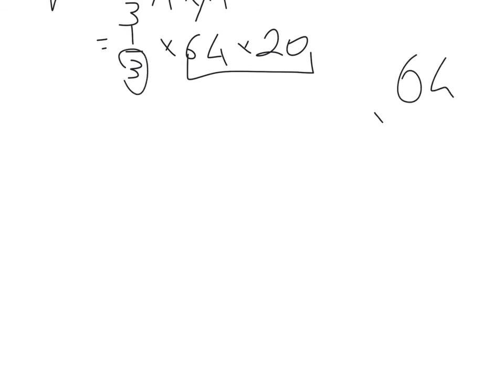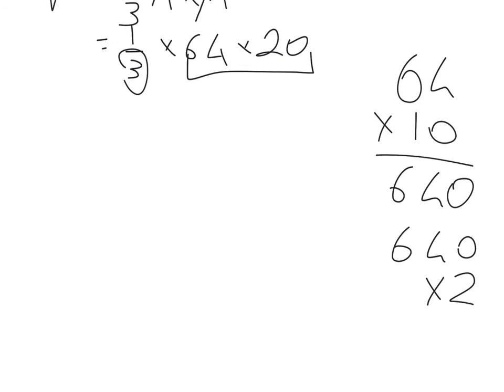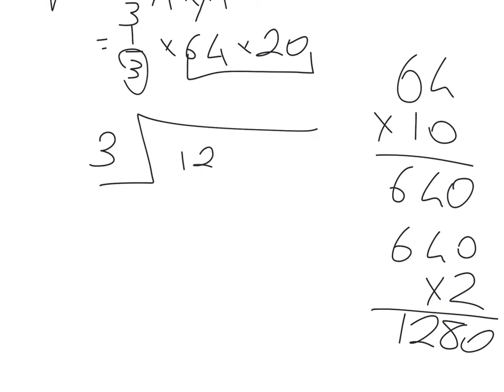So 64 times 20, I can split that up, multiply it by 10 to get 640, and then multiply that by 2 to get 1280. I'm then dividing that by 3. So 3 into 1 doesn't go, carry the 1 over. 3 into 12 goes 4, 3 into 8 goes 2, remainder 2. 3 into 20 goes 6, remainder 2.